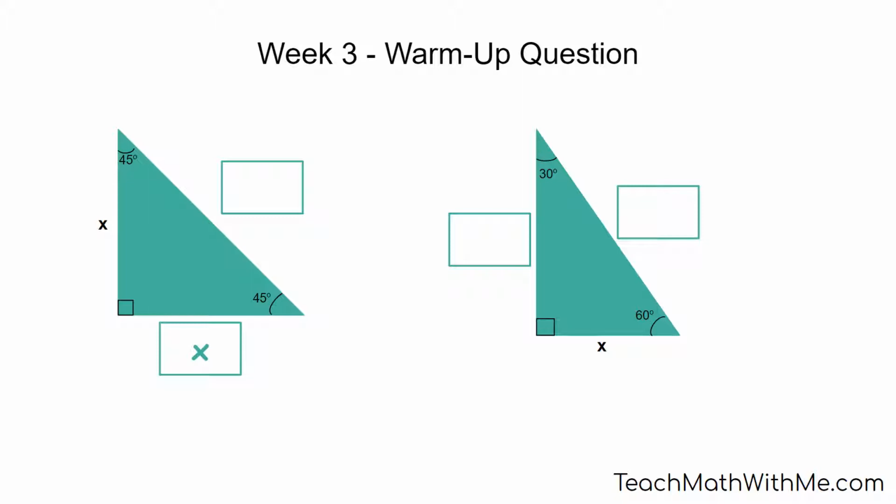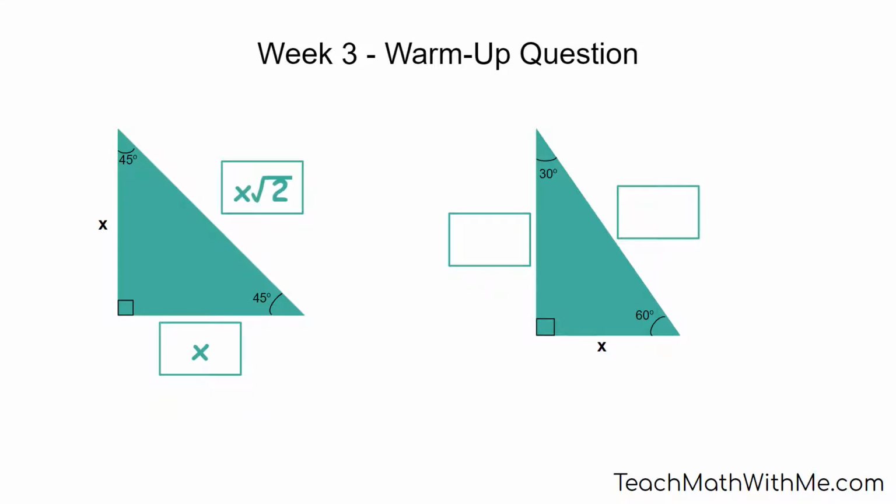Remember that if 2 angle measures of a triangle are the same, and in this case a 45-degree angle, the 2 side lengths opposite those angles, the legs, are the same length. And as a reminder, we call a 45-45-90 triangle an isosceles triangle because isosceles means 2 leg lengths are the same length. Now what about the remaining side length, the hypotenuse?